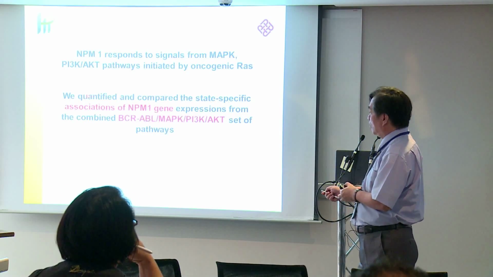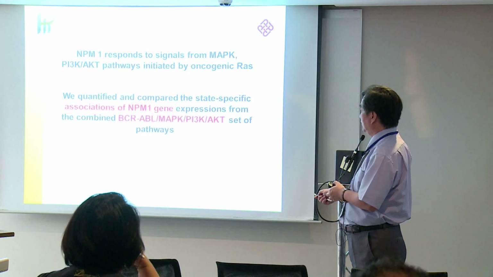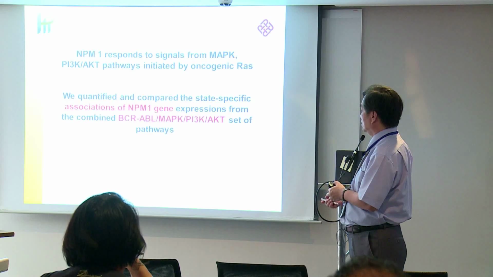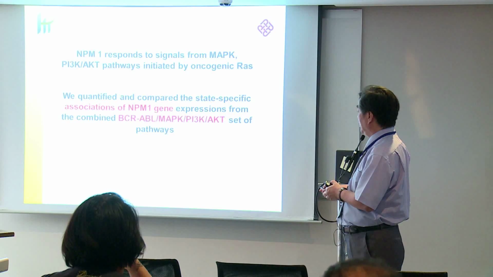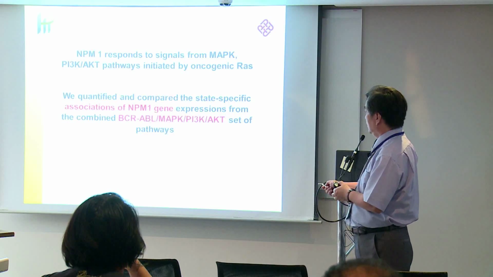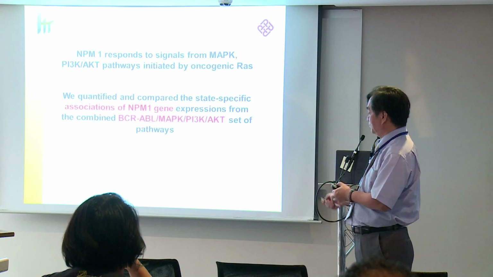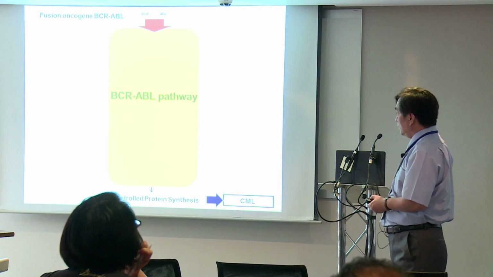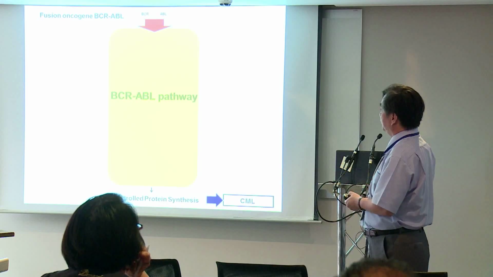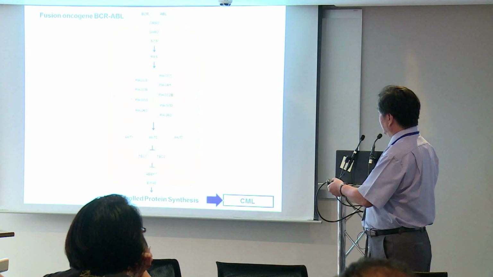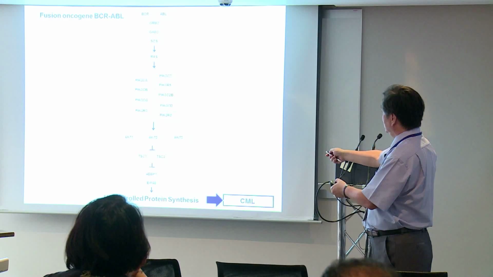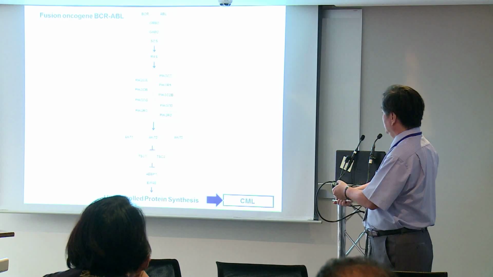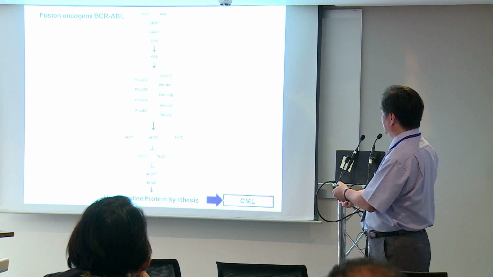So we try to quantify and compare the state-specific association of NPM gene expression. From the combined analysis, we know that BCR-ABL, MAPK, PI3K, AKT are important pathways in CML, in leukemia. So what we have been doing is using diffusion of this pathway, the oncogenic pathway from BCR-ABL, which goes through the uncontrolled protein synthesis for CML.